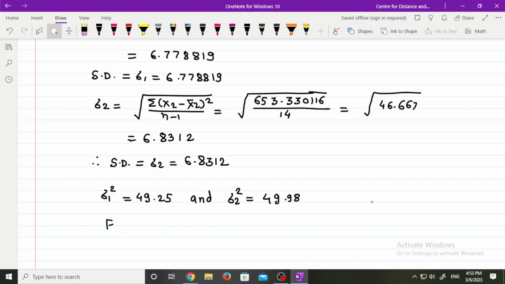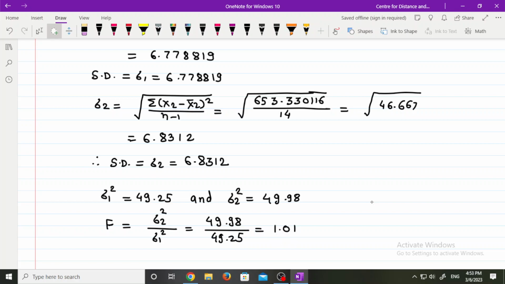Then F is equal to sigma 2 square divided by sigma 1 square, which is 49.98 divided by 49.25, and we get 1.01.